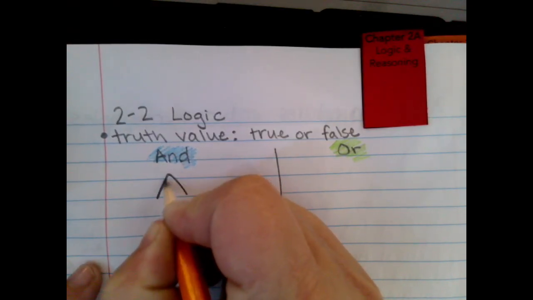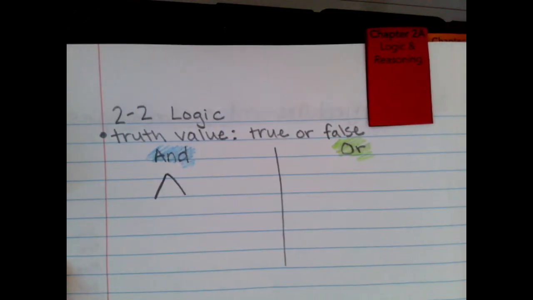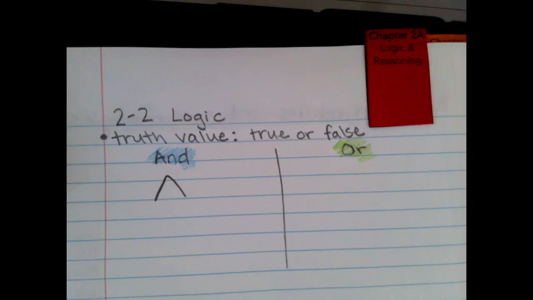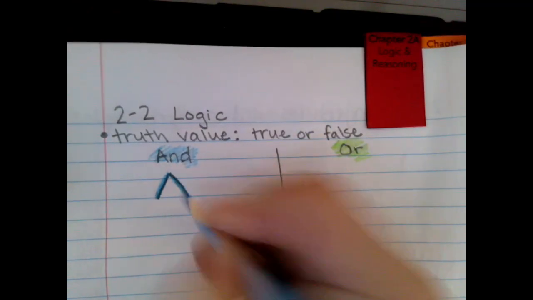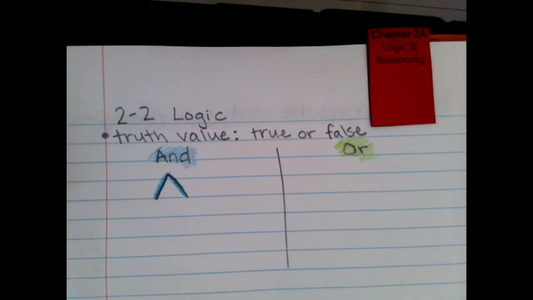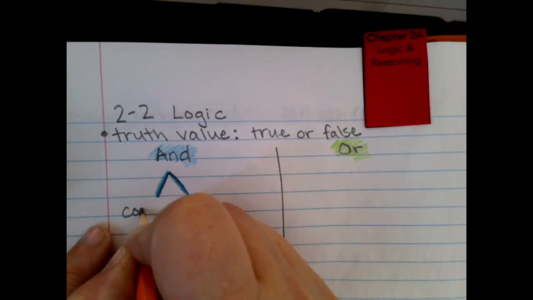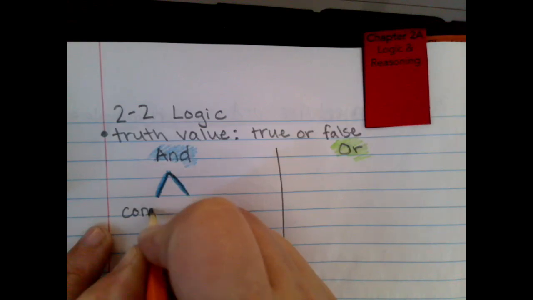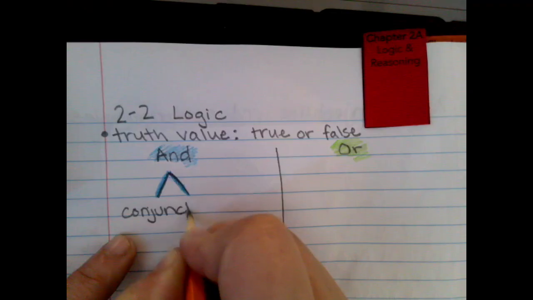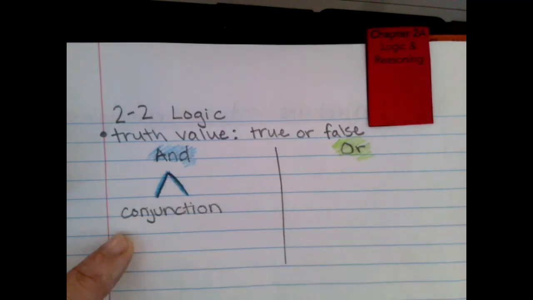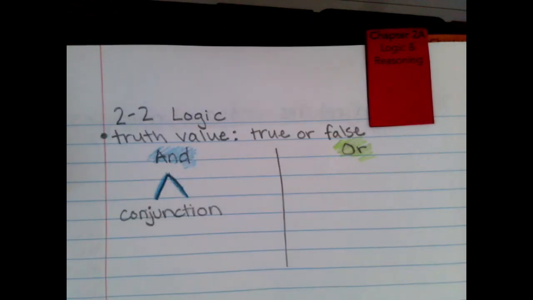It looks like an A without the line going across, or an upside down V. Okay, and this is called a conjunction. Remember, our prefix co means what? Together. So a conjunction means it's together.